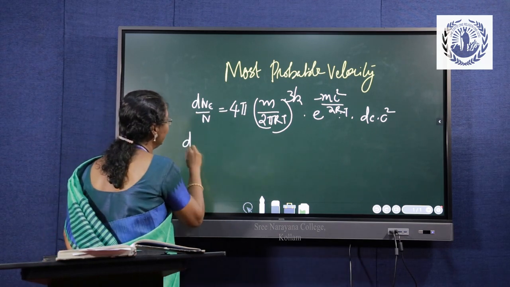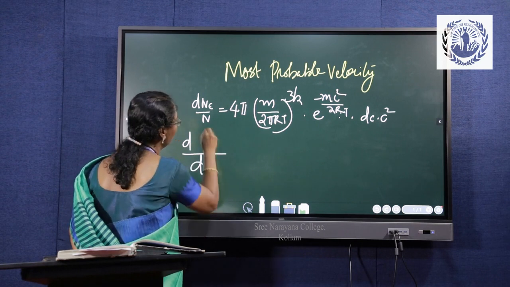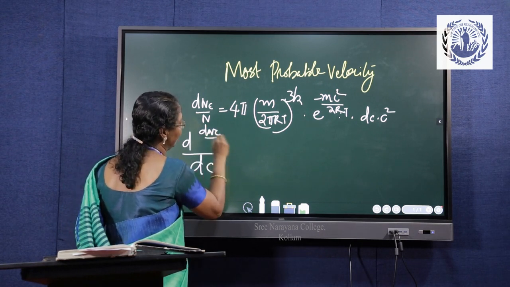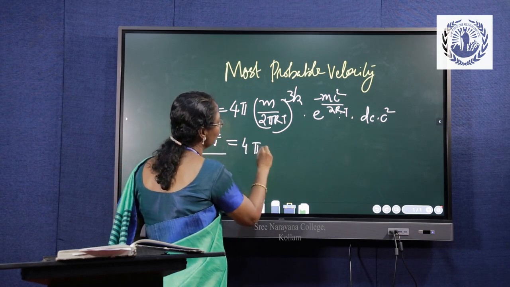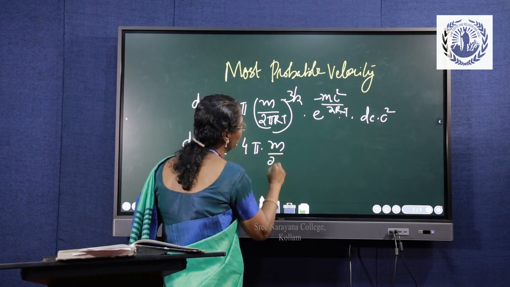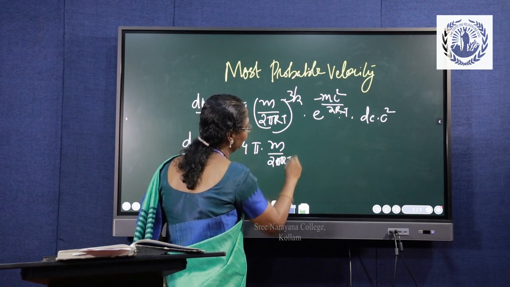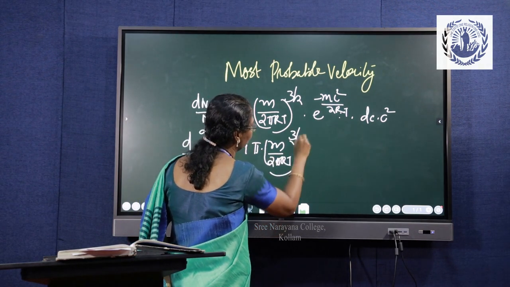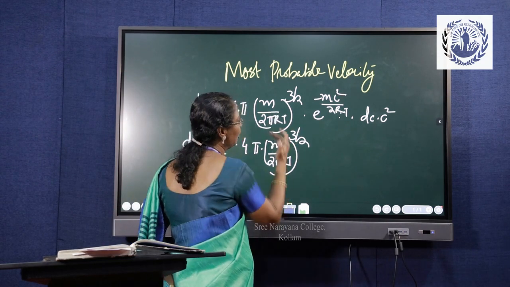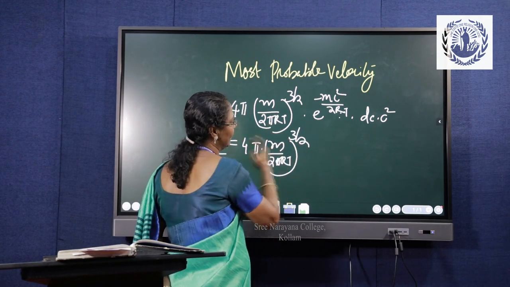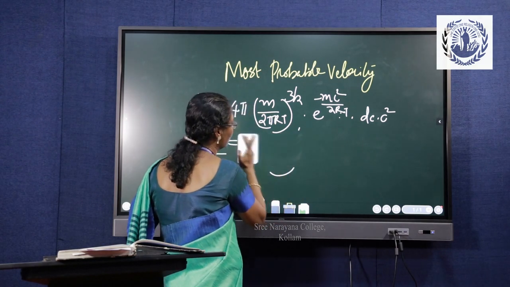Differentiating means d by dc of dnc by n is equal to 4 pi into (m by 2 pi RT) raised to 3 by 2. Here we can do one thing. This m by 2 pi RT is a constant, so we can take it outside as a constant.